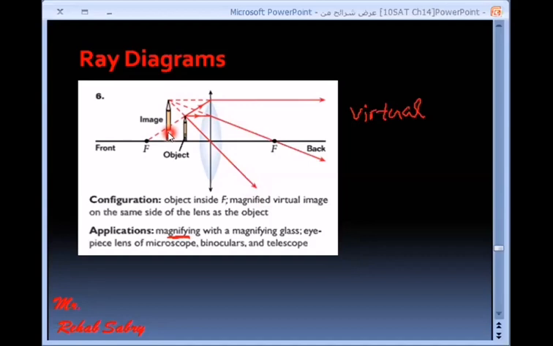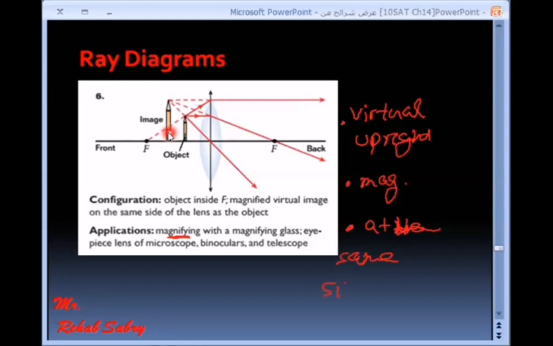And virtual means upright. It's not upside down, it's upright. It's magnified. And it's on the same side as the object.